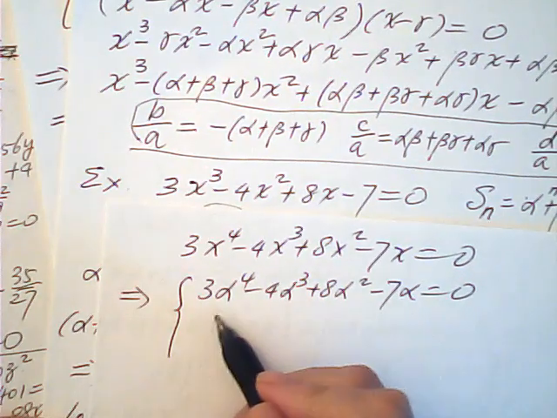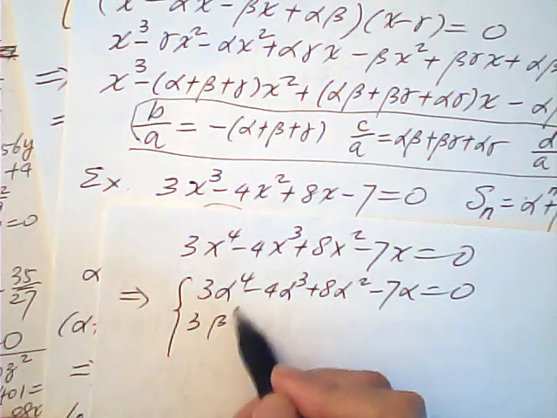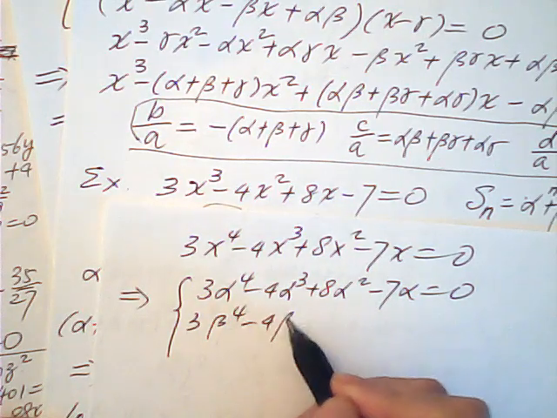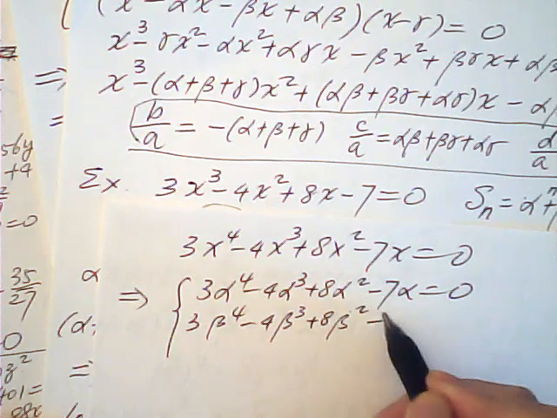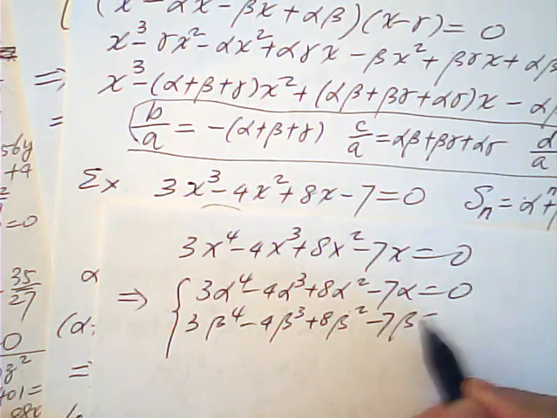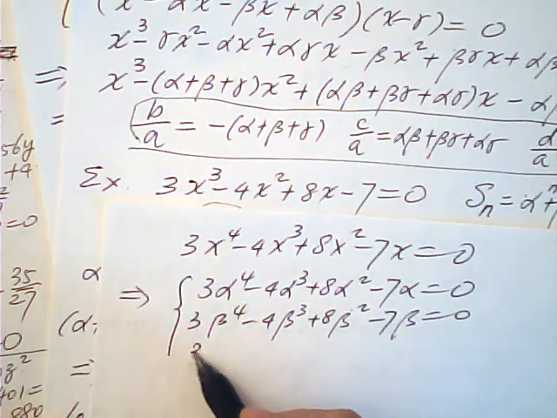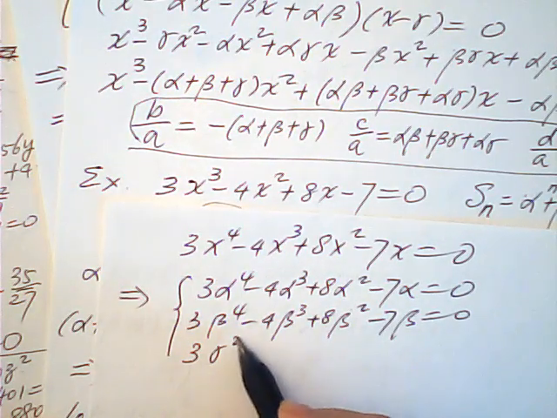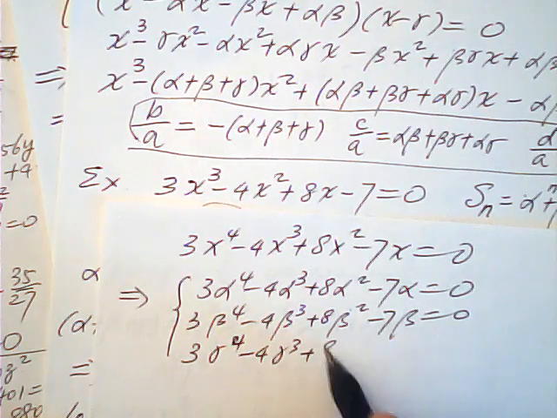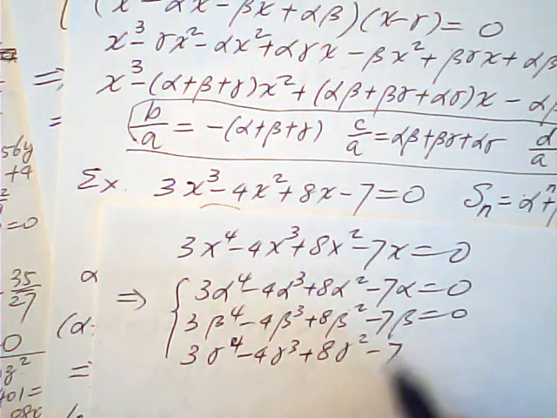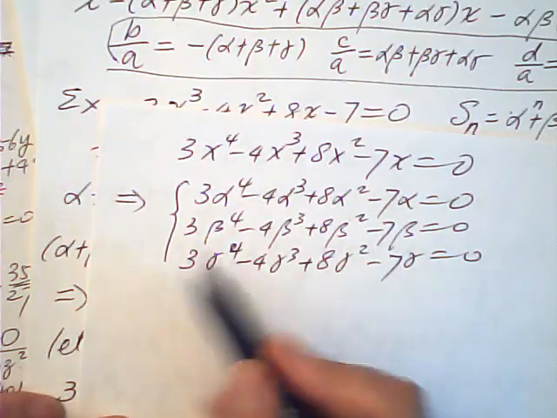Because alpha is a root, and so is beta, and so is gamma. And then we add up both sides.